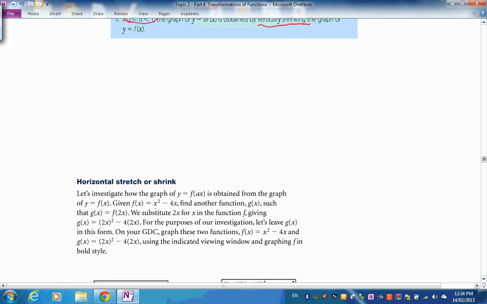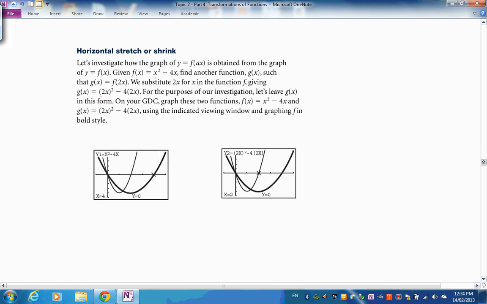All right, let's come down and have a look at a horizontal stretch or shrink. So you might realise, of course, if it's going to go horizontally in the x direction, then we're going to have to change the x term. And so the a, instead of going right out the front, has to be put in the function instead of x, as ax.